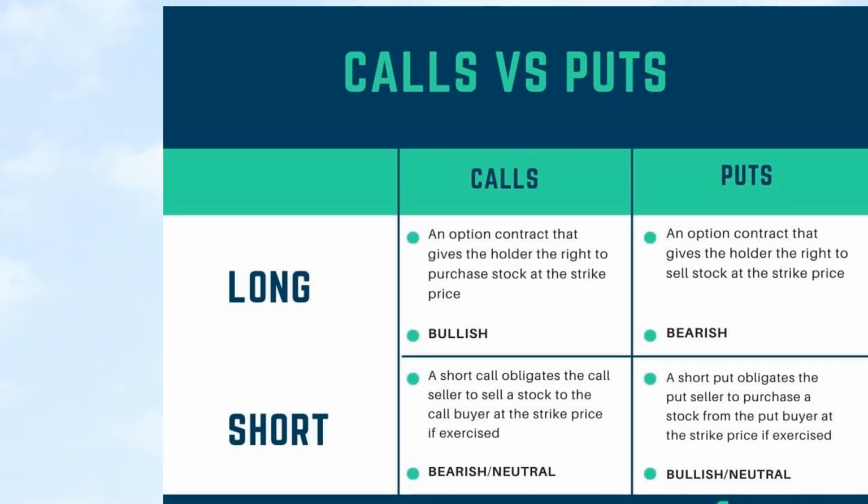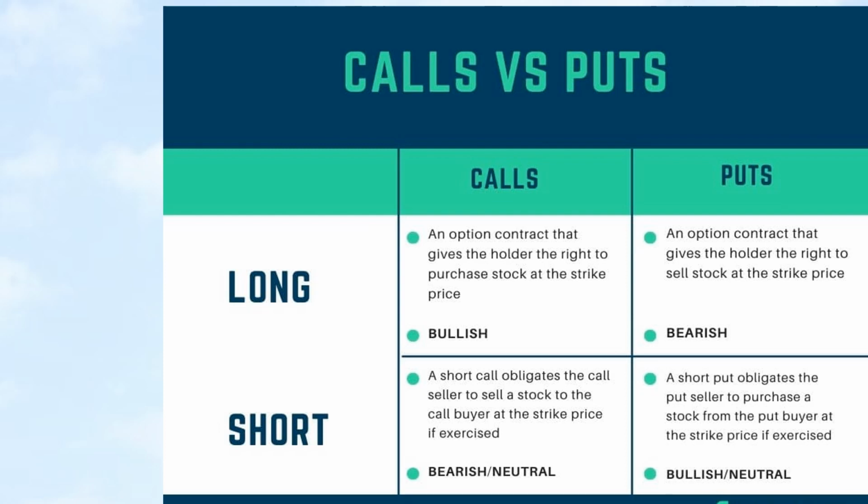Another thing you must understand is call and put. We already discussed the meaning of call and put, but when there is a bullish trend, what will happen? When there is a bearish trend, what will happen? A bullish trend is when the prices are increasing. A bearish trend means the prices are decreasing. There is one called a long call.